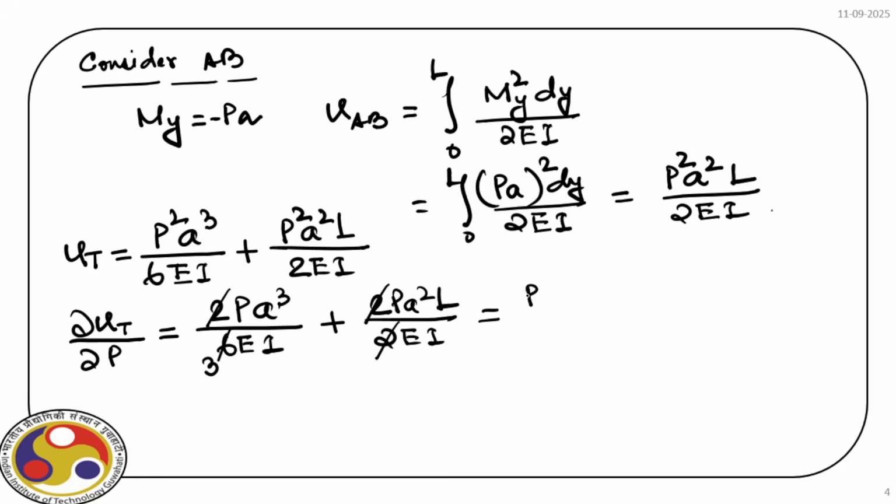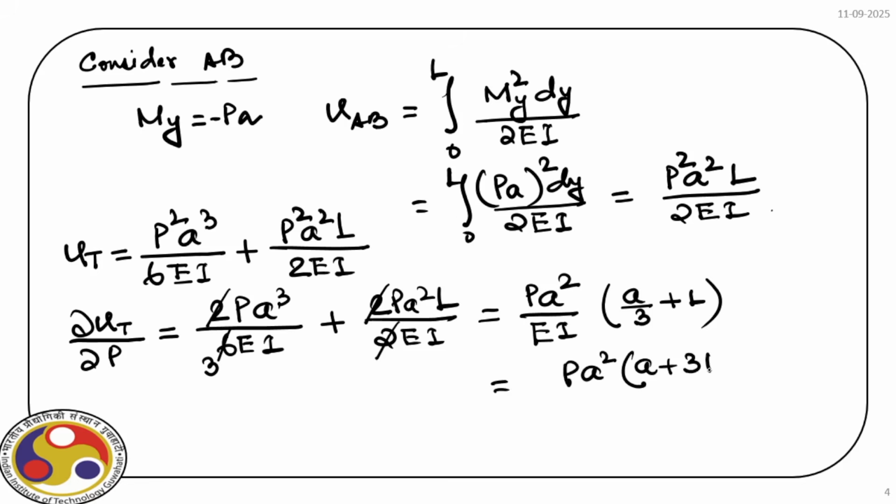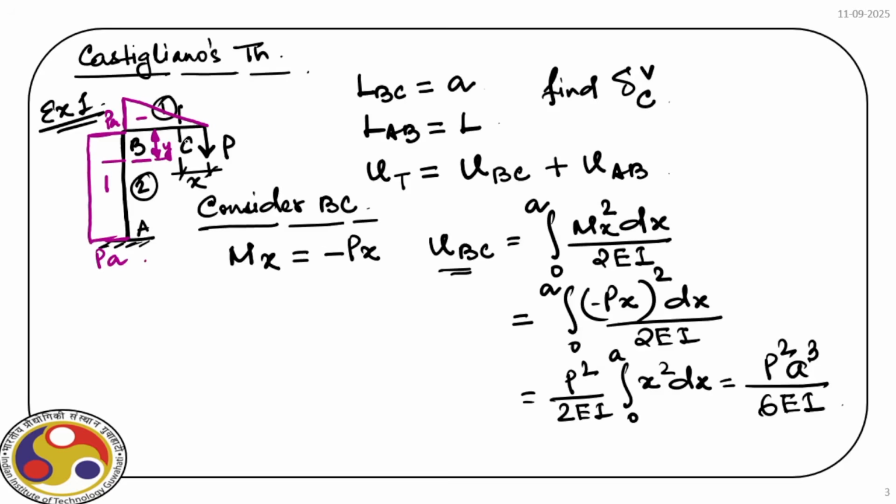So we have P A square divided by EI, and within bracket we have A by 3 plus L. So if we simplify further, we have P times A square times A plus 3L divided by 3 EI, and that is the deflection at the point C in the vertical direction, because we apply the force along the vertical direction, and then for this force, if we find out the bending strain energy and differentiate that with respect to P, we will get the displacement along that force, right?